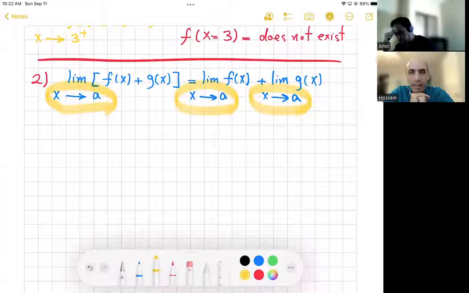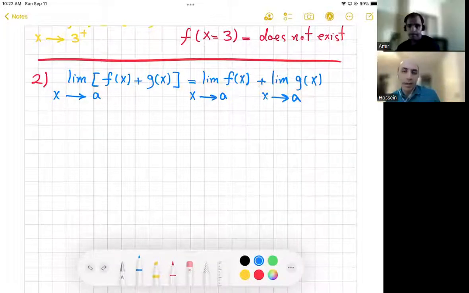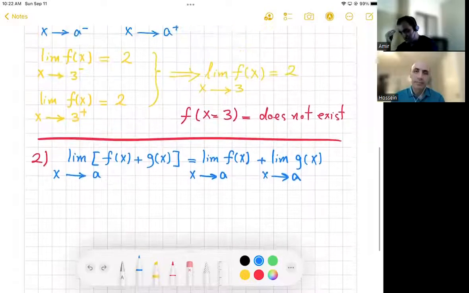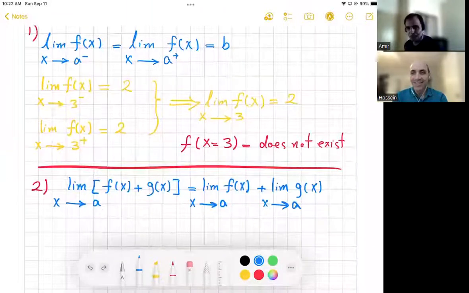They both have to approach the same x value. Correct. This is very similar to the distributive property in algebra. Interesting. When we learn something in mathematics, it can be expanded to other things. That's the beauty of mathematics.